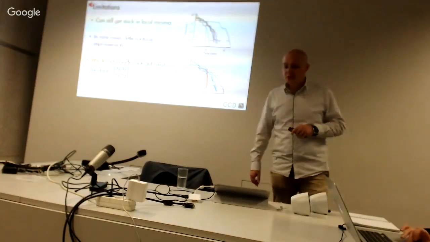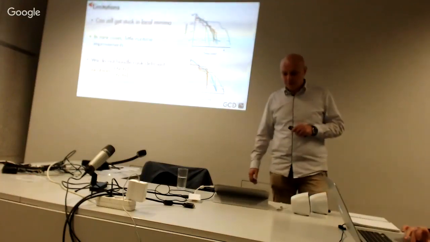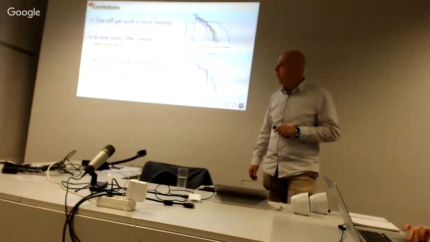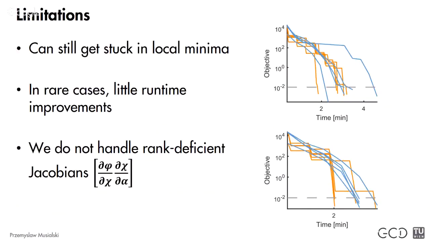So limitations of the subspace projection: first of all, it doesn't always converge. I didn't mention it with these charts. So what you see here basically are different runs of the algorithm with different initial values. Each of those lines, there are always two corresponding lines to each other, a blue one and an orange one.